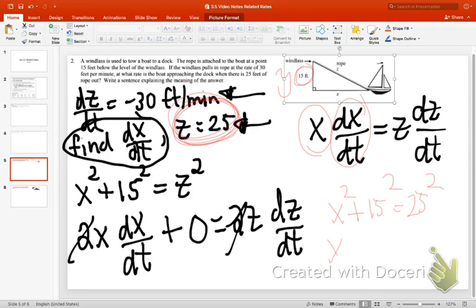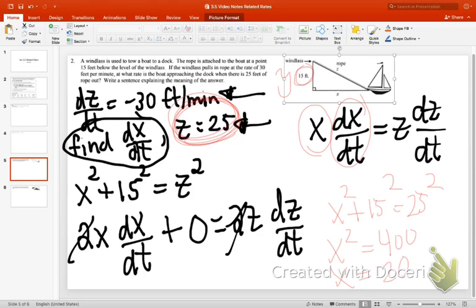So x squared equals, 15 squared is 225, 25 squared is 625. 625 minus 225 is 400. And we're going to square root both sides. Square root of 400 is 20.